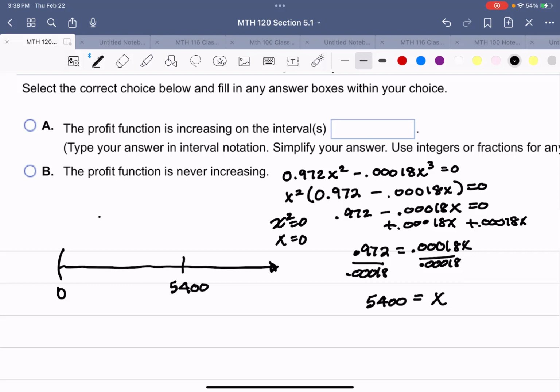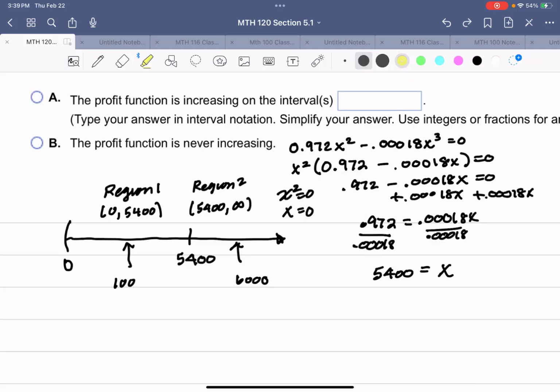We have this region from 0 to 5,400, and we have this region 5,400 to infinity. So I have to test in both. I'll go in here and I'll test 100. I'll go over here and I'll test 6,000. And it needs to be in the original derivative.